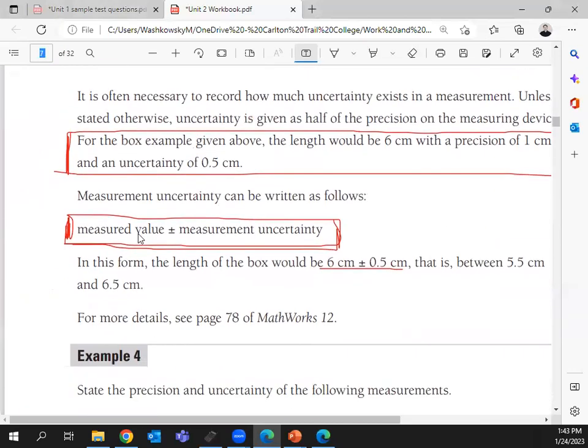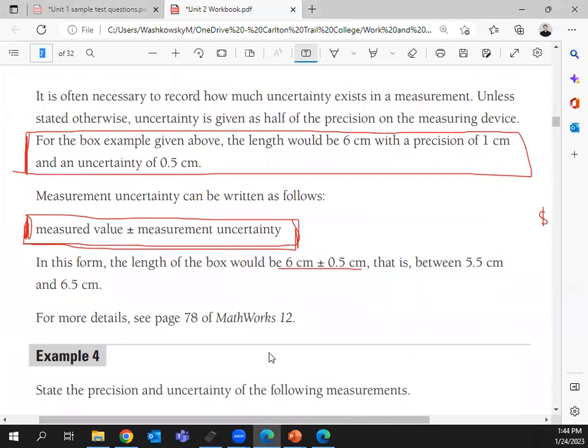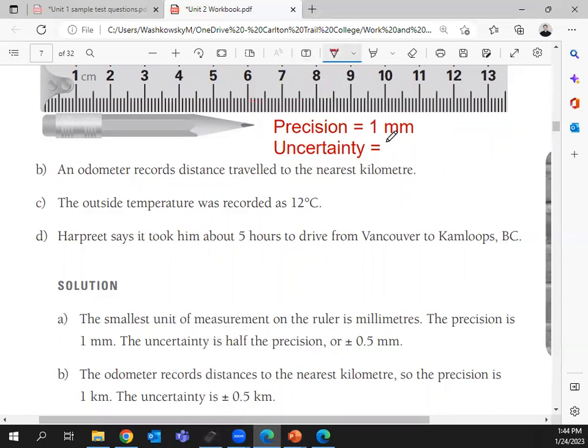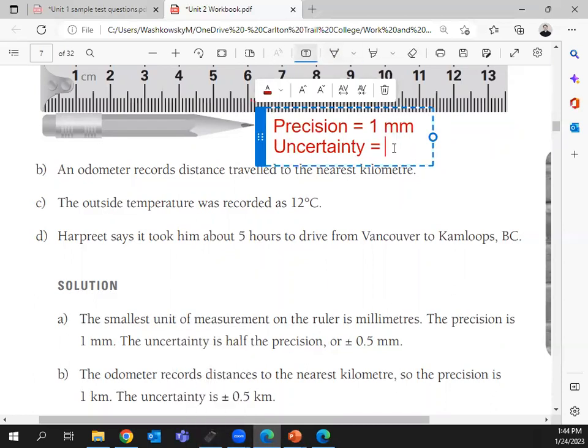So remember, to find measurement uncertainty, we take half of whatever our precision was. So we know our precision here is 1 millimeter. So if I take half of a millimeter, I know that I should get 0.5 millimeters.